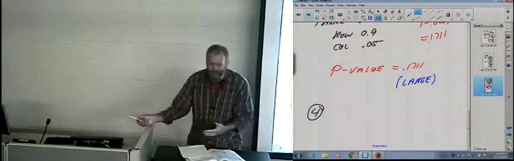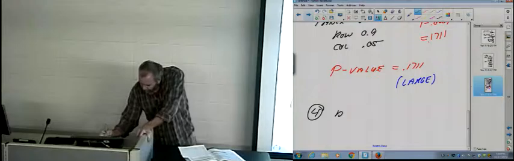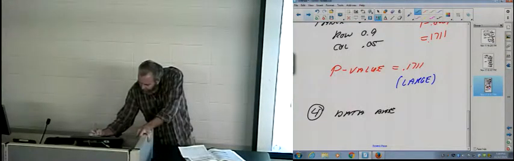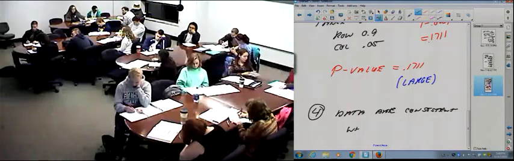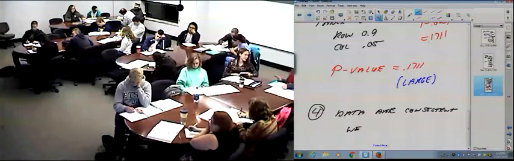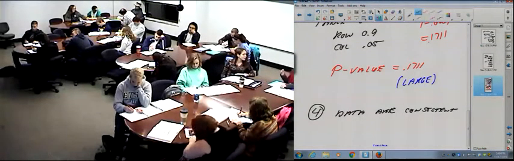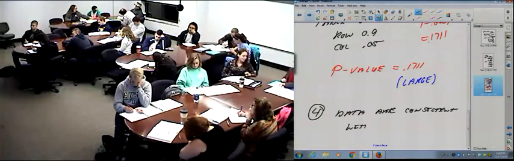This is a place where the data are consistent with H naught.